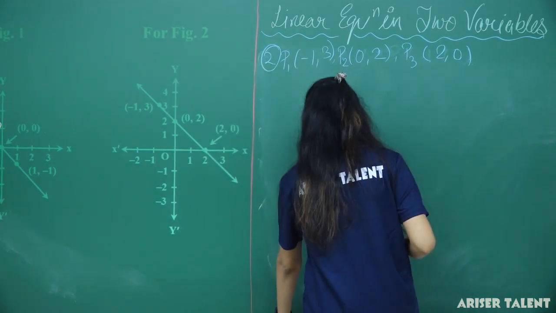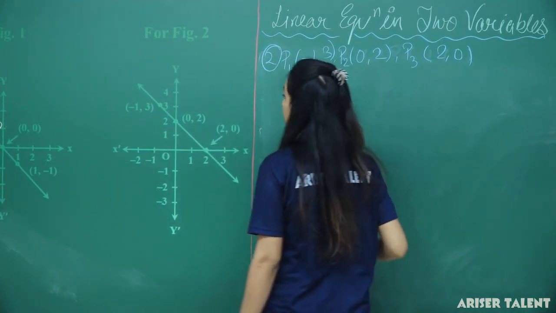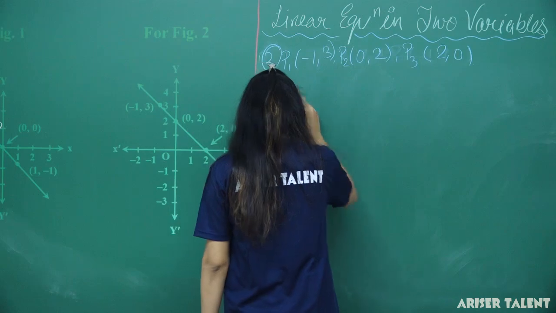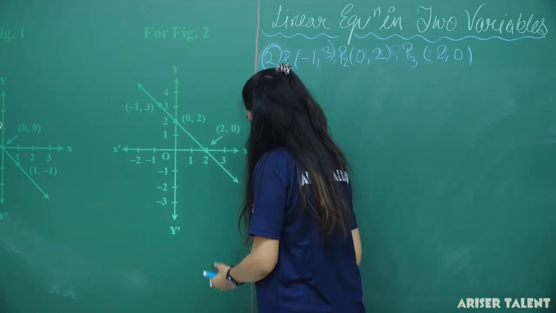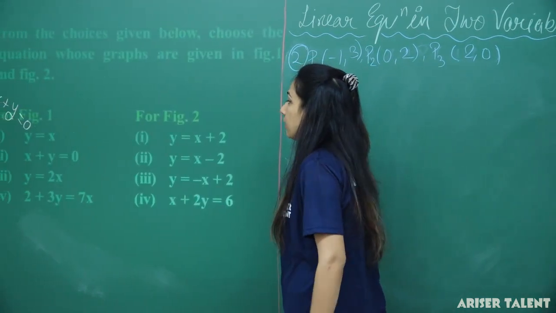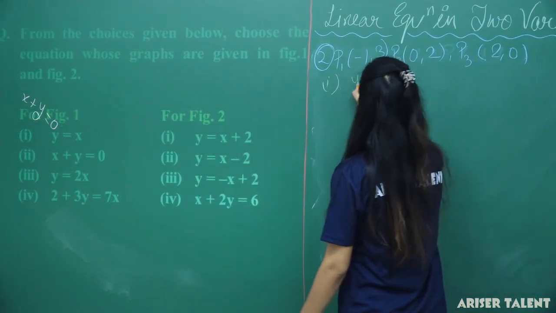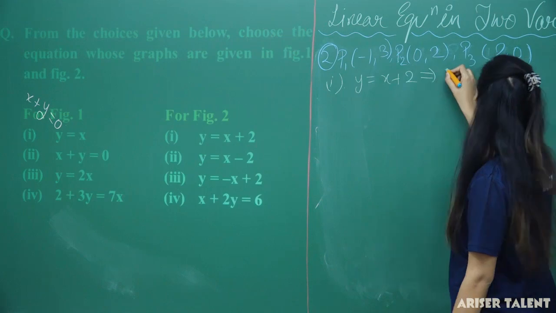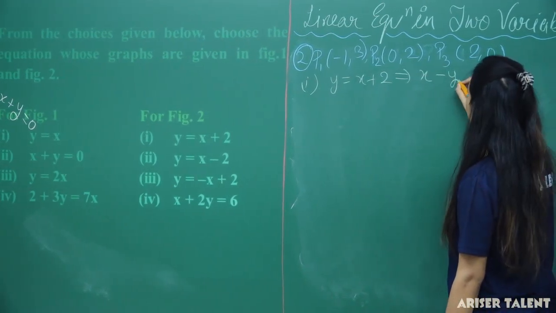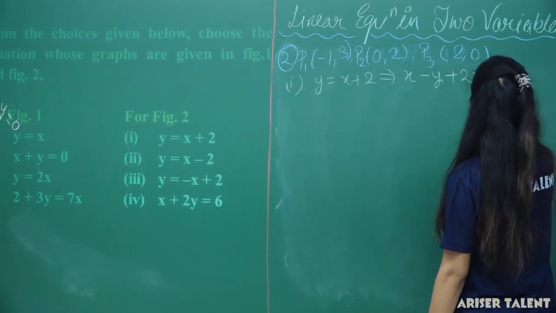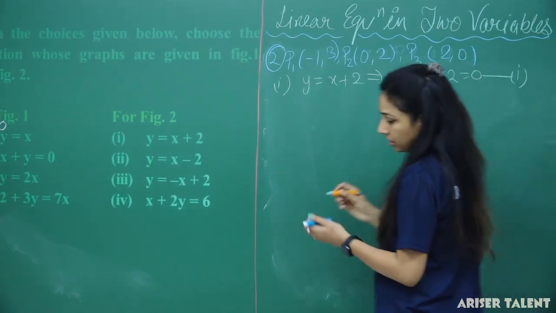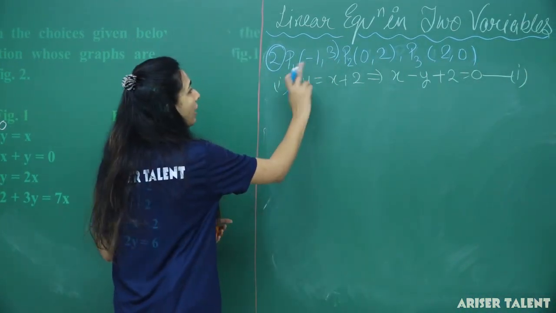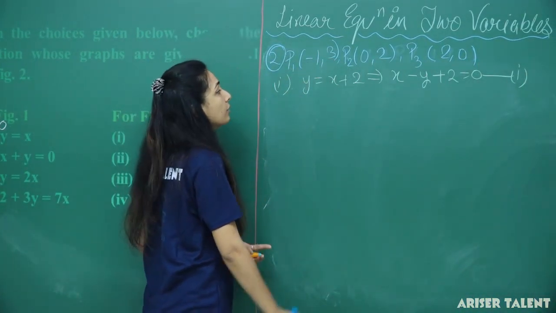Okay. So for the first point I am getting the equation y equals to x plus 2. Now that will be converted into the equation x minus y plus 2 equals to 0, and this is my equation number 1. Now what will I do? Will put the values minus 1 and 3 as x and y.